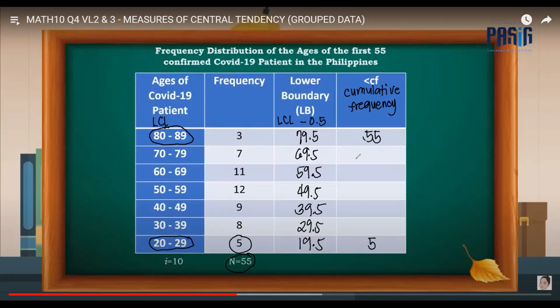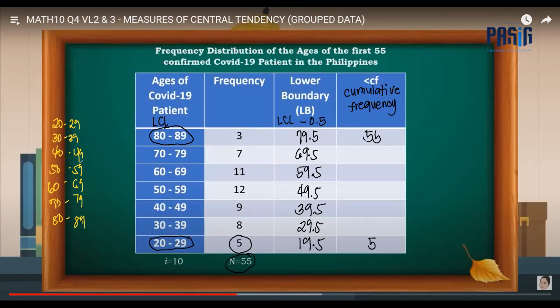Okay? So, pwede kasi yan baliktarin eh. Pwedeng ang nasa taas ay si 20 to 29, tapos 30 to 39, 40, 50, 60, 70, 80, mas yan, 49, 59, 69, 79, 89.